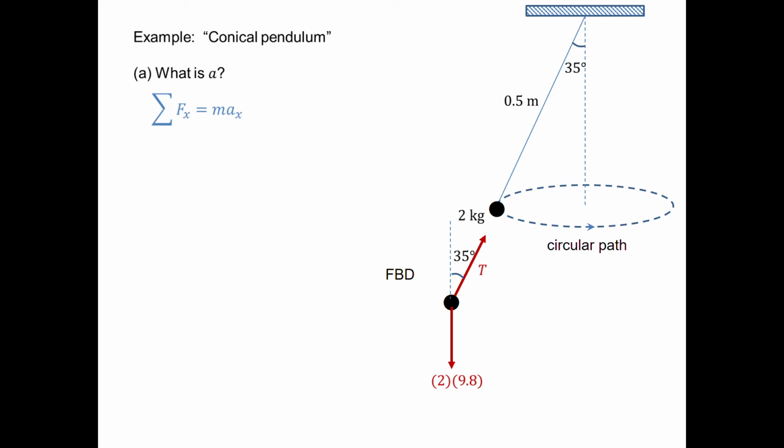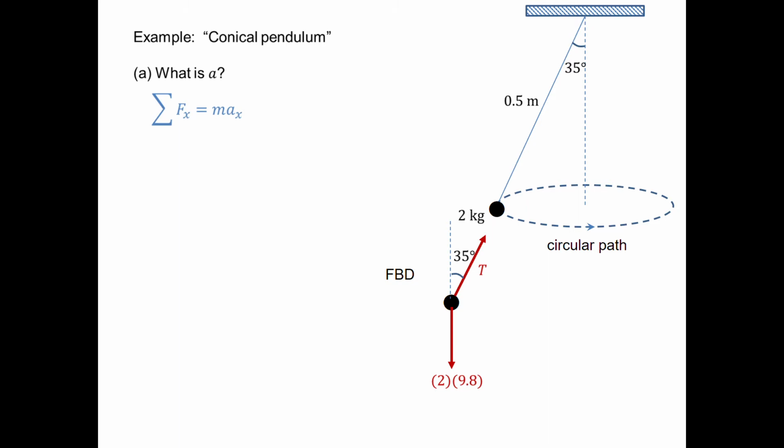And now the question is axes. It seems like the two logical choices are either align one of our axes with the string or do horizontal and vertical. Ask yourself, which do you think we should choose in this case in order to simplify the problem as much as possible?